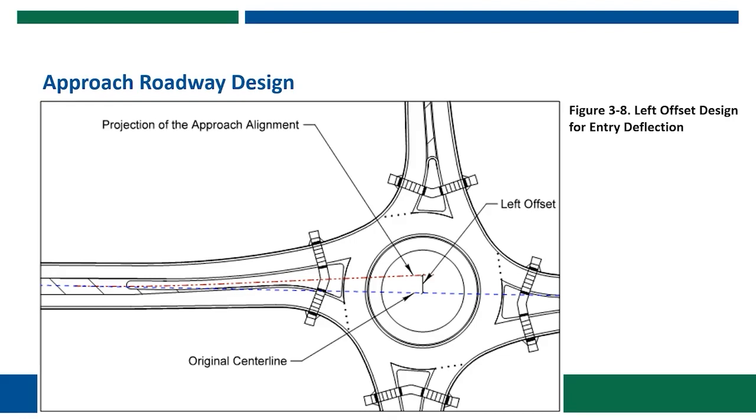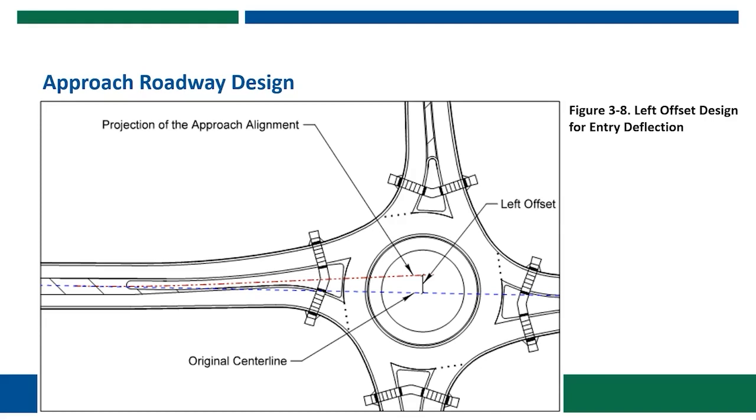Additional advantages to offset left design are that it increases deflection and it's best for speed control in higher speed rural settings. It maintains or helps to maintain clear sight to the central island. It's beneficial for accommodating large trucks because it allows for larger entry radii while still providing adequate deflection and meeting speed control goals.